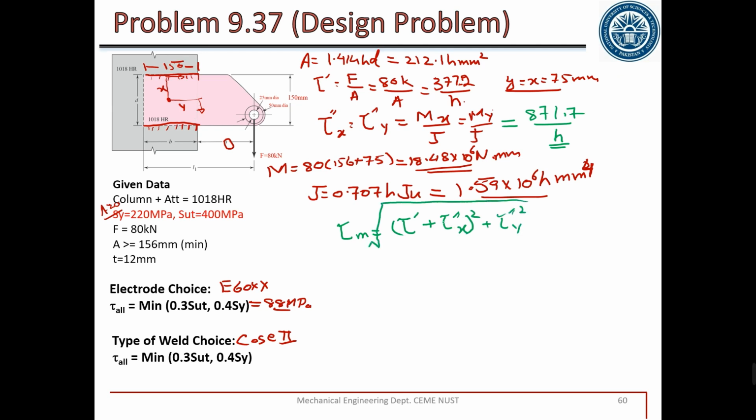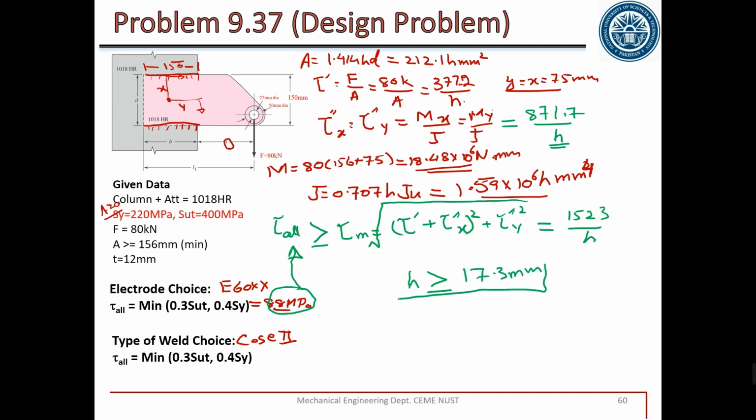All values are a function of h, so we'll get a value equal to 1523 by h. And for a safe operation, tau allowable should be more than or equal to this value. Tau allowable is given, 88 MPa. Substitute this value here, you will get h should be more than or equal to 17.3 mm. So this is the final answer.